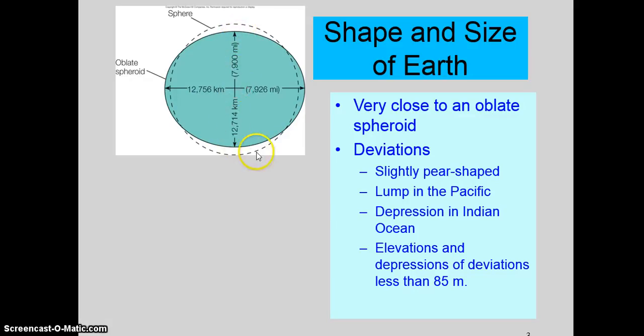That makes the Earth what we would call an oblate spheroid. That's just a technical name for it. And it's actually not even that, not perfectly, but it's almost an oblate spheroid. So that's good enough.